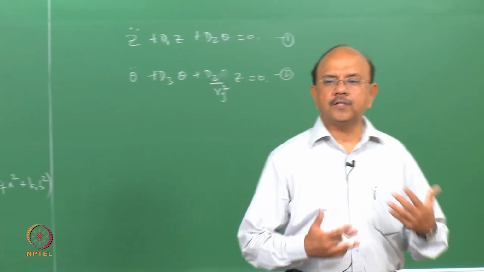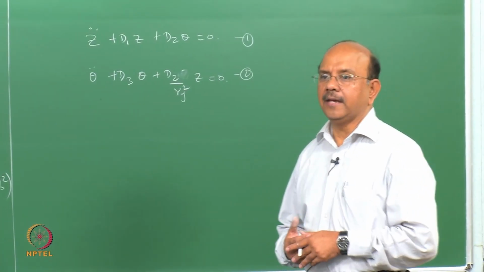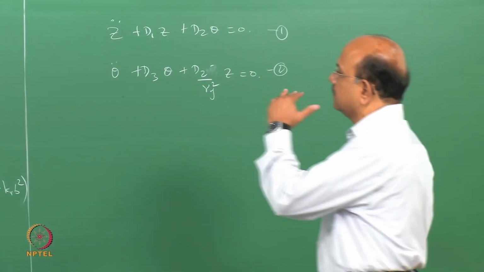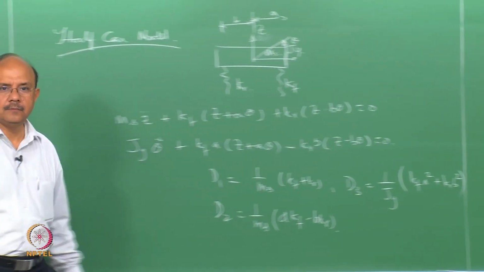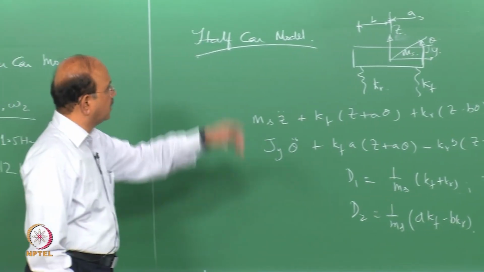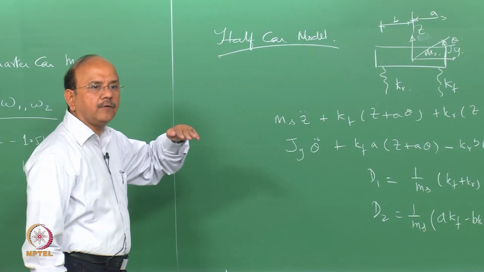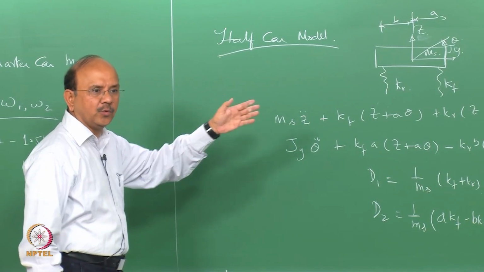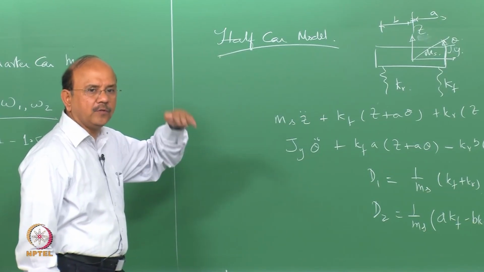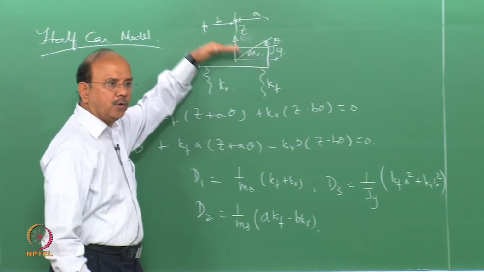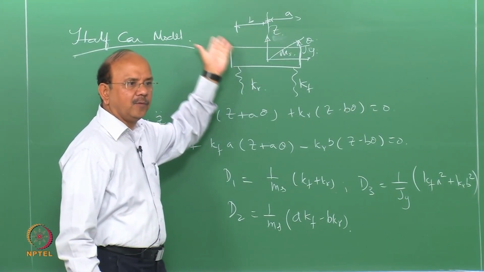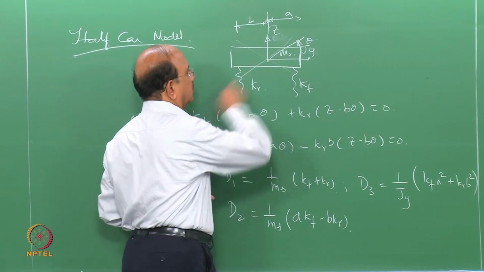What is meant by uncoupling? In which case this body, which is our sprung mass, would now start, for the two frequencies which you would get, for one frequency there would only be a pure bounce mode, and for another there will be a pure pitch mode.